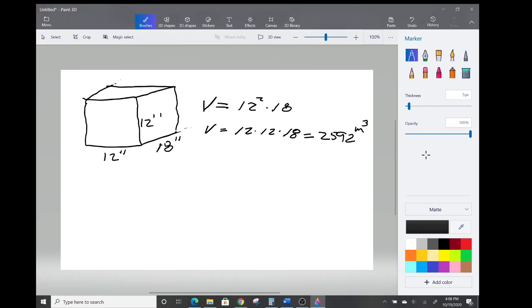And we want to know how much it weighs. So let's say it's made out of steel. So we know that it's 489 pounds per cubic foot. We've already decided that if it's 489 pounds a cubic foot, it's 489 divided by 1728.